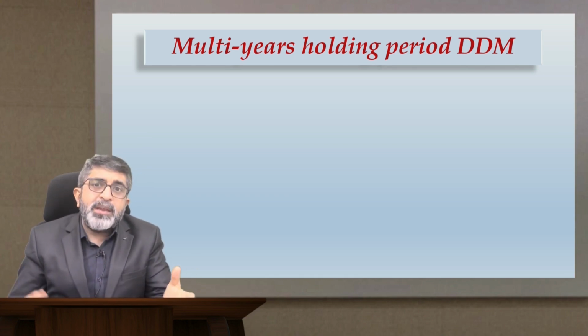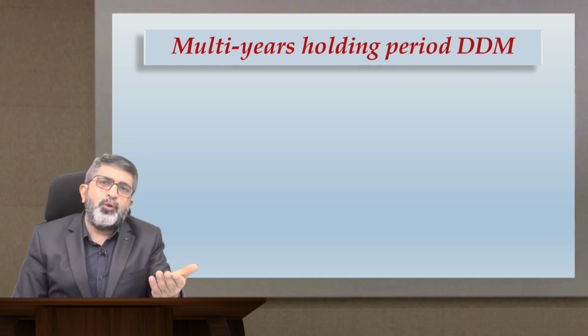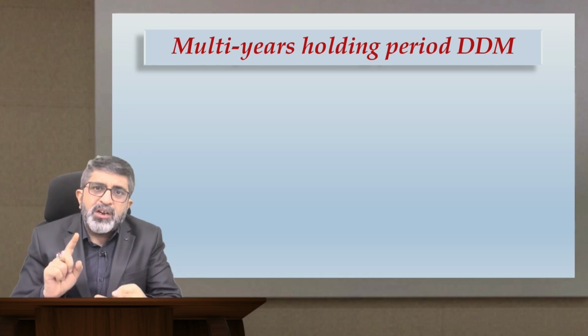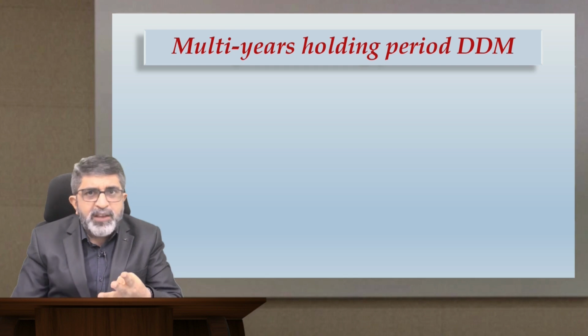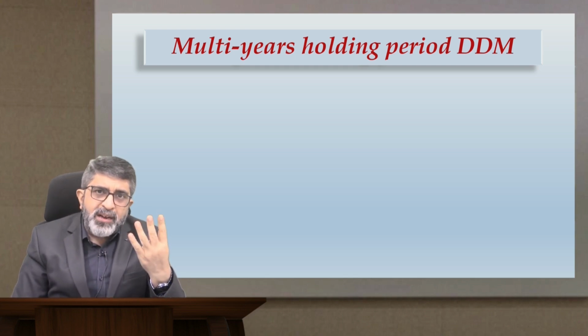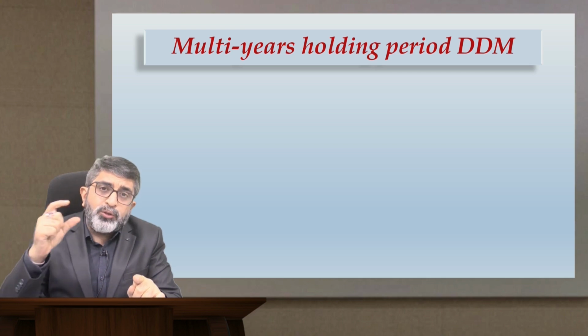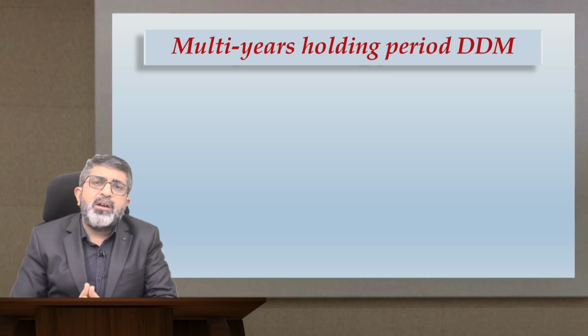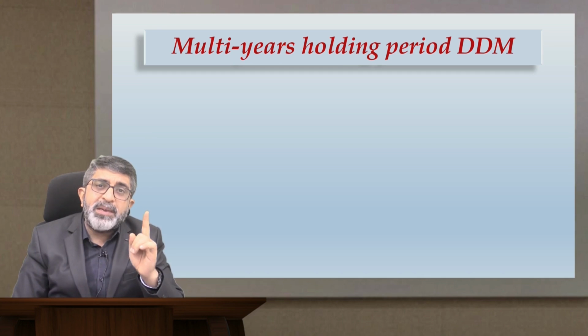If I take holding period as 4 years, what all cash flows you will get? D1, D2, D3, D4, that is dividend at end of each of the 4 years, and at end of 4th year you will also get the recovery of the share price, that will be P4.